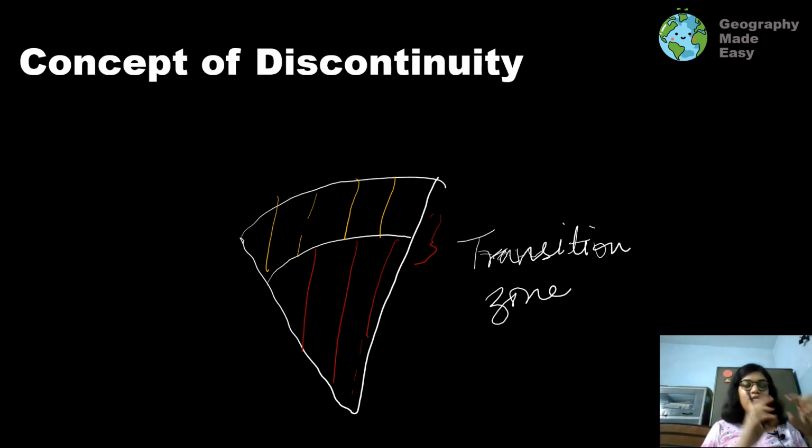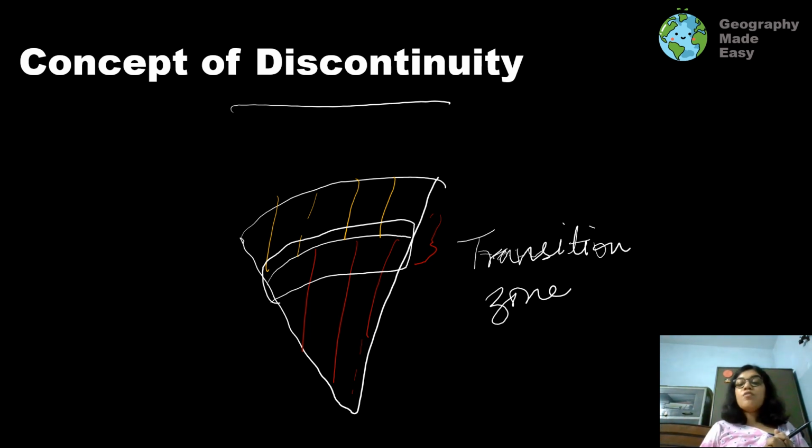This layer of transition zone along which this change takes place is called a discontinuity, and different kinds of discontinuities have been discovered, which tell us that the earth has different layers.